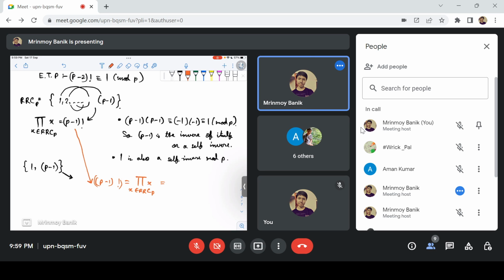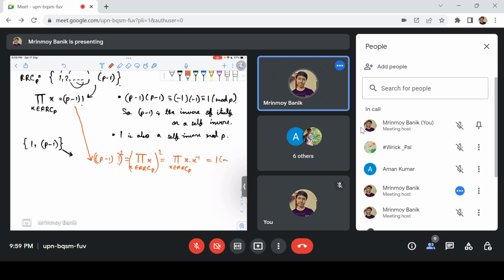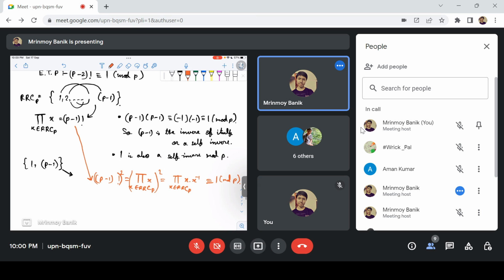The product of x times x inverse for x in RRC of P, that's one mod P. Just a minute. Okay, yeah, that is one.